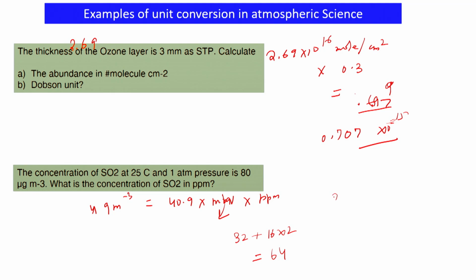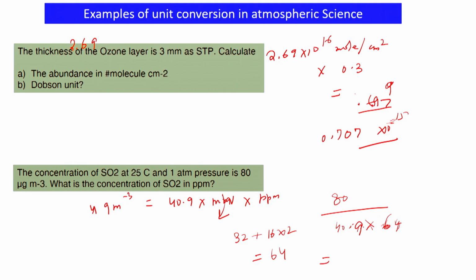So the value will be 80 divided by 40.9 into 64. This will be the concentration.